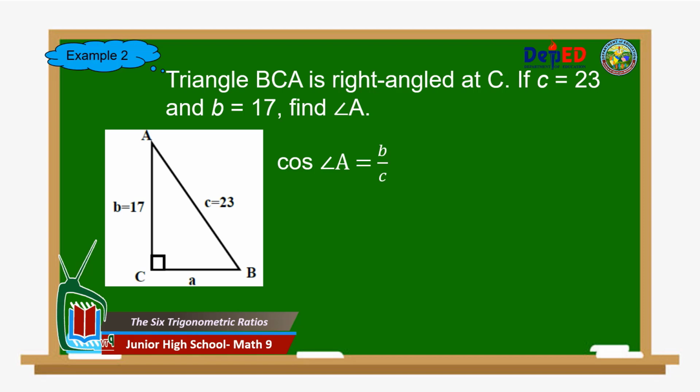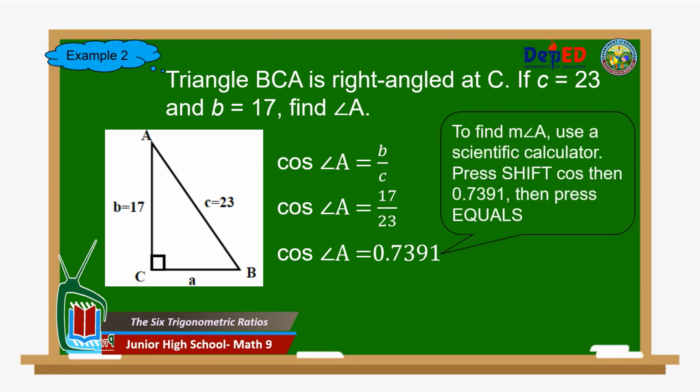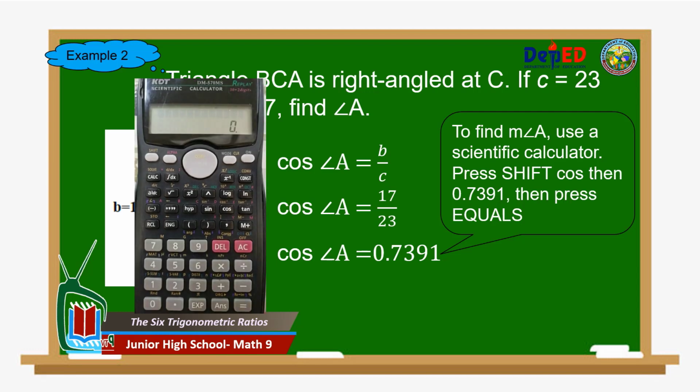The next step is to substitute B, which is 17, and C, which is 23, in your equation. Then after which you're going to divide 17 by 23, which results to 0.7391. To find the measure of angle A, you're going to use a scientific calculator.